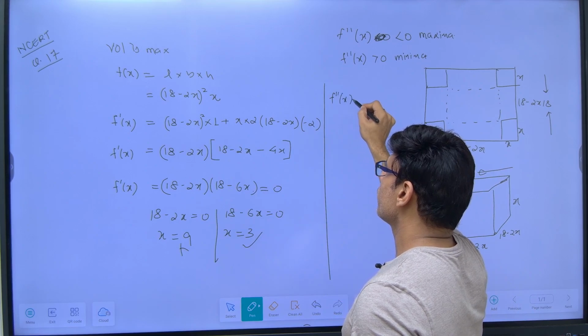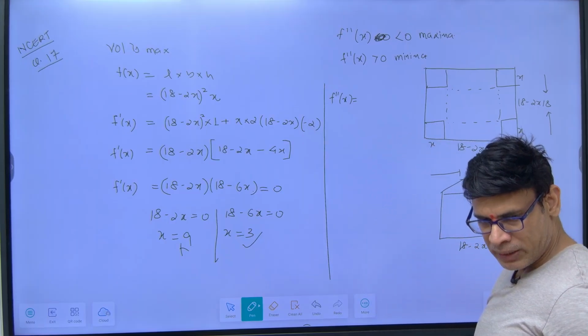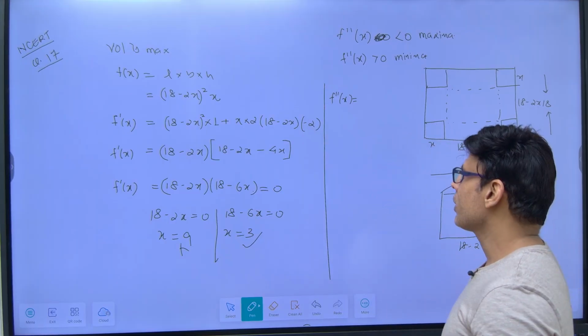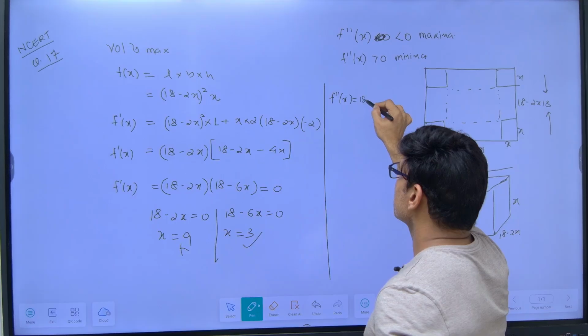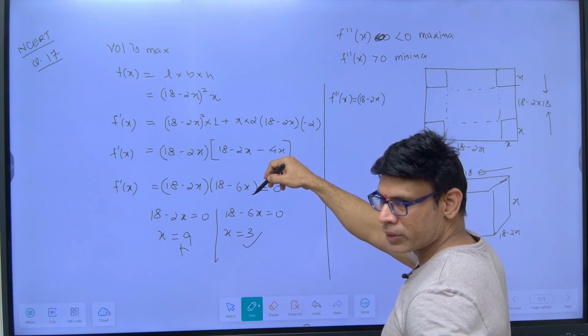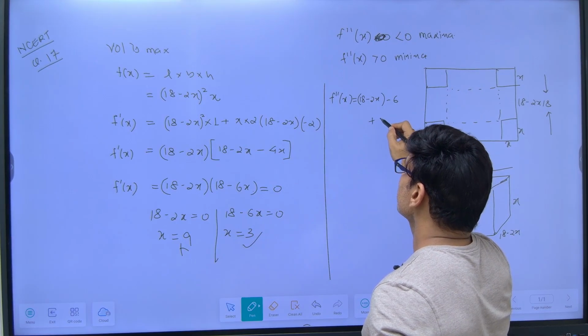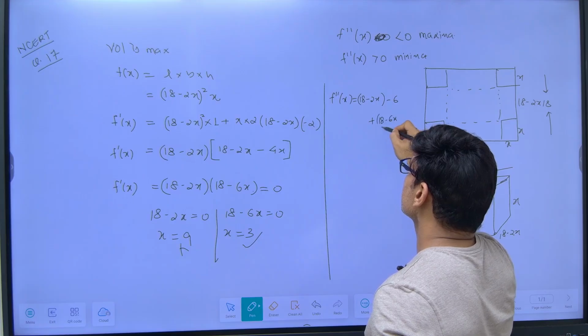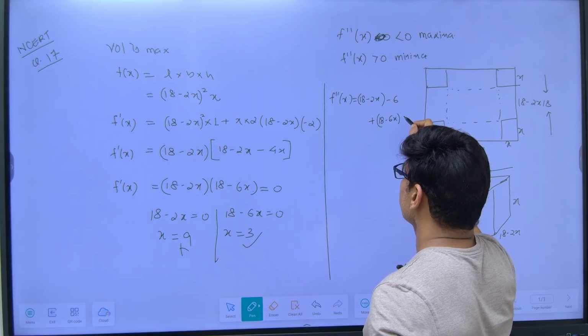I generally don't do it while solving the question, but since we are solving one question, you have to do it. But in the exam, you have to show it to them. So here again u into v. First function, which is 18 minus 2x into derivative of second function minus 6, plus second function 18 minus 6x into derivative of first, which is minus 2.